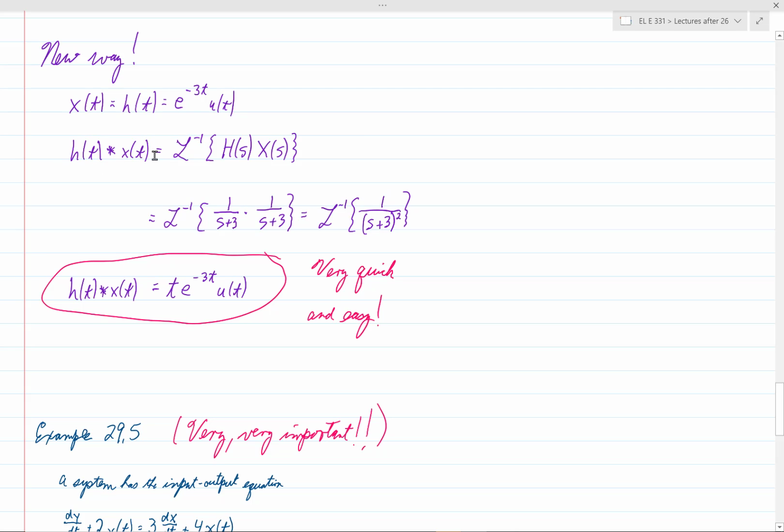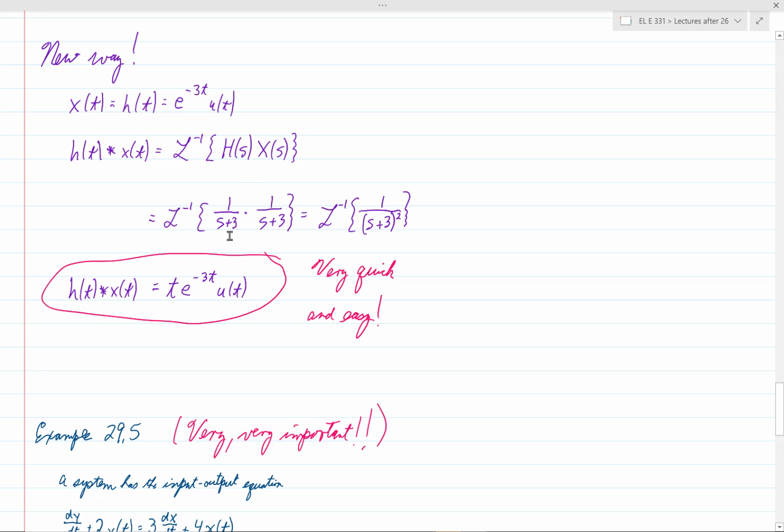Well, you can look this up in your table of Laplace transforms. The Laplace transform of the convolution of two signals is simply the product of their Laplace transforms. So if we take the inverse Laplace transform of each side, then the convolution is just the inverse Laplace transform of h of s times x of s.